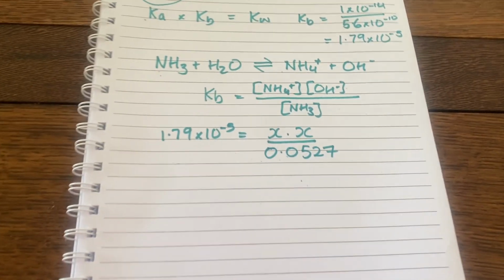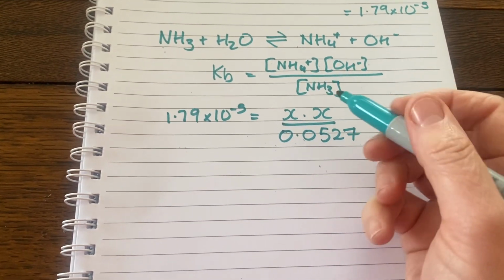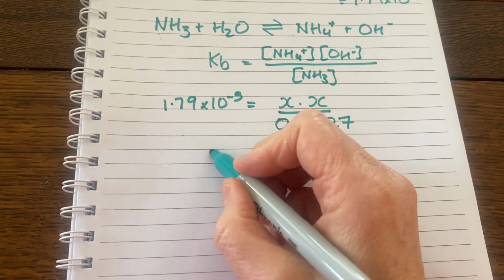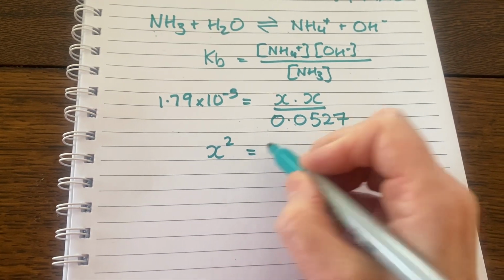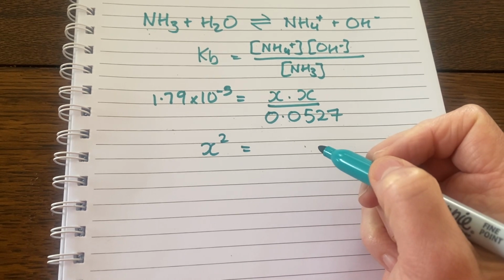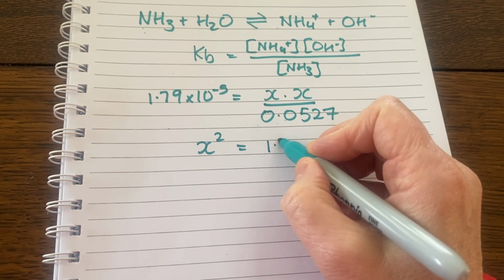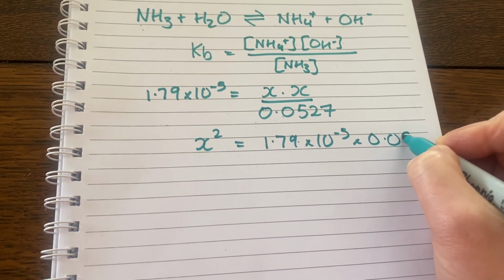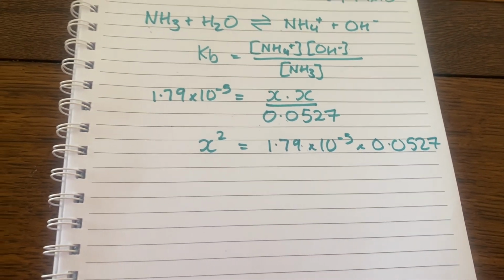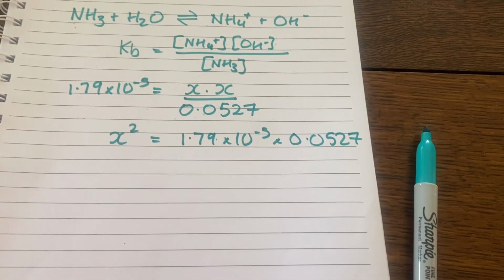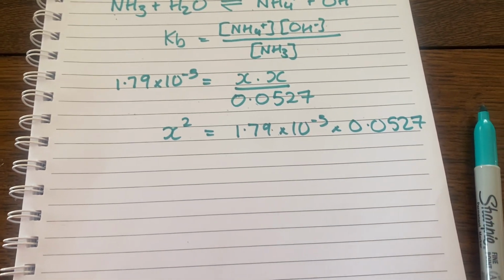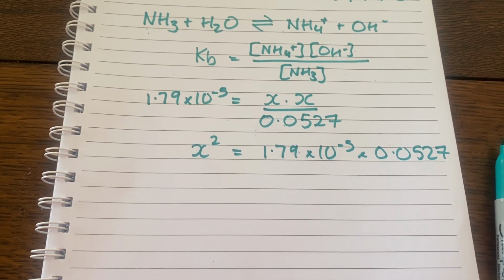Right, so the next job is just to solve for X. So I'm going to make that X squared, and I'm going to rearrange to give me X squared equals 1.79 times 10 to the minus 5 times 0.0527. I'm actually using the unrounded value, 0.0527.